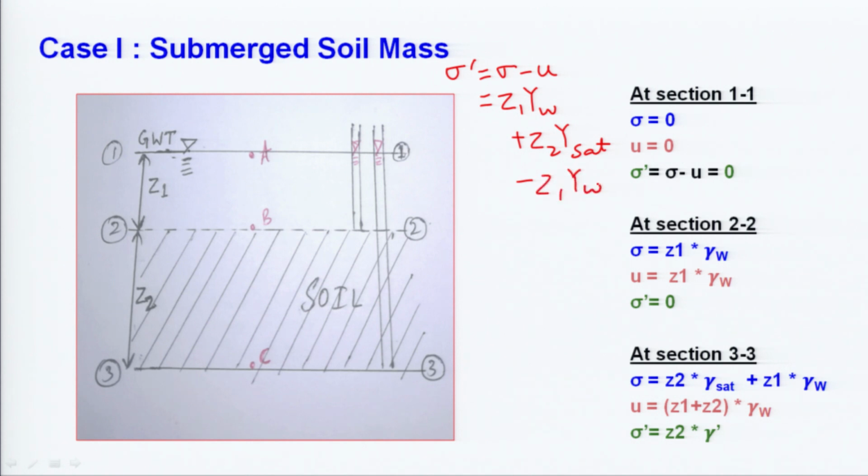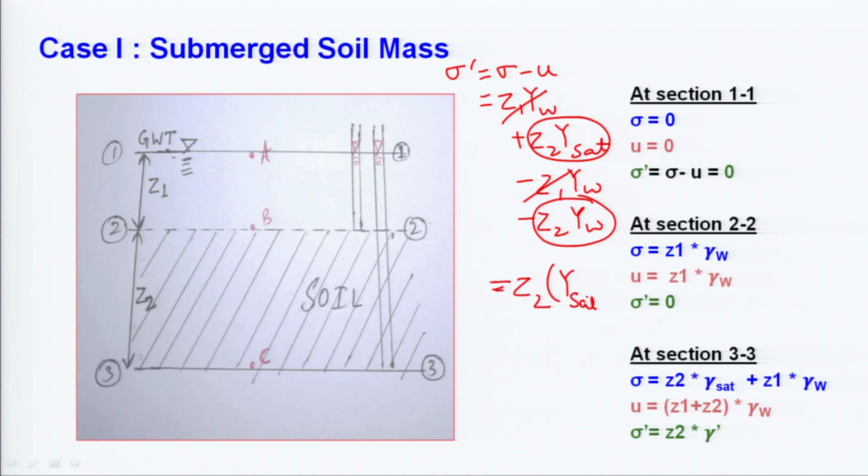Z1 into gamma W plus Z2 into gamma W. So, if we consider this Z2 gamma saturated and Z2 gamma W, when we take Z2 common, this Z1 gamma W here will be cancelled out, and when we take Z2 gamma saturated minus Z2 gamma W, it will be Z2 into gamma saturated minus gamma W.